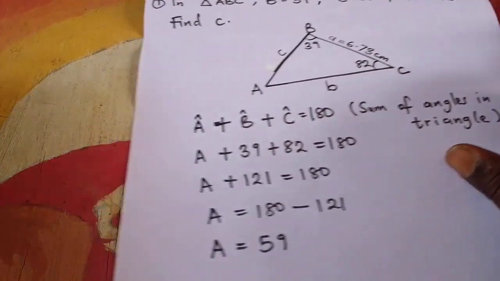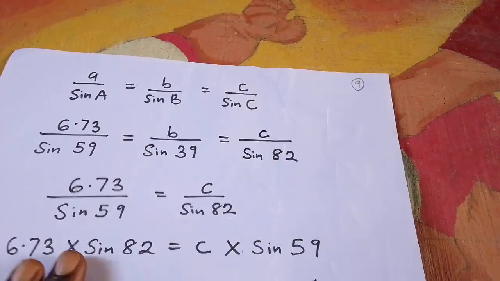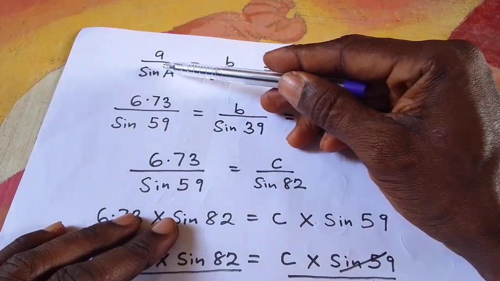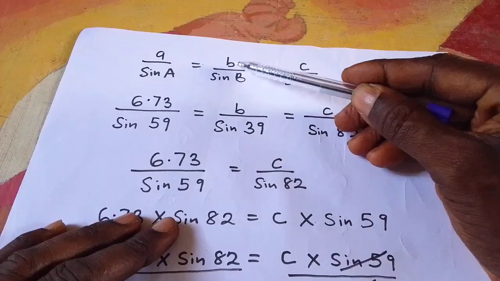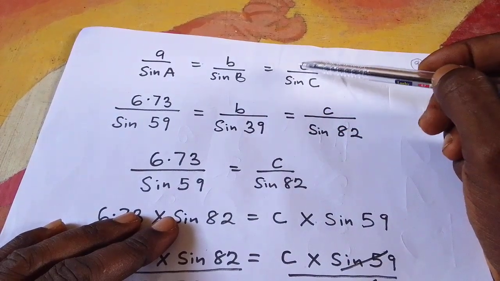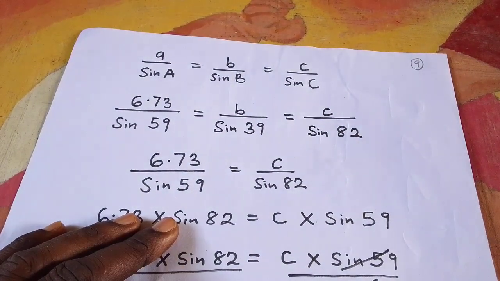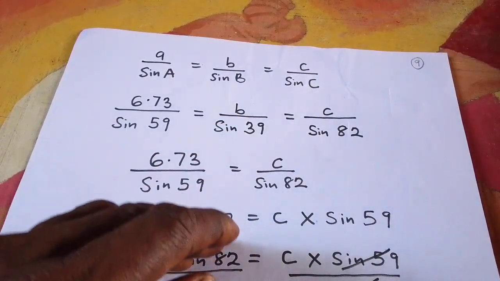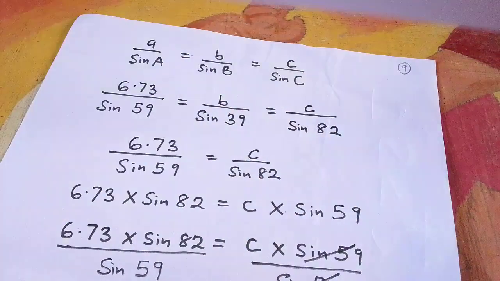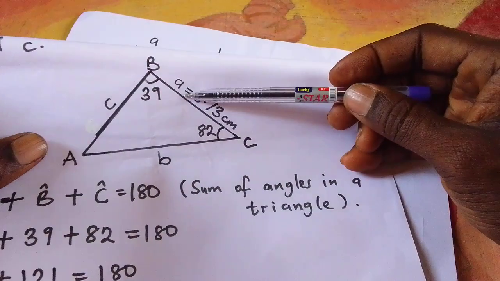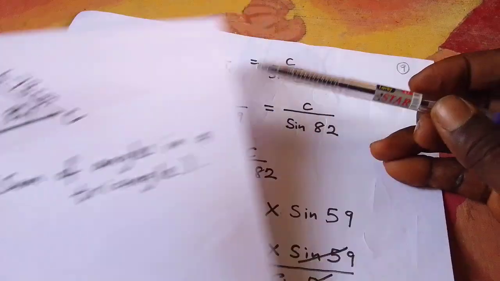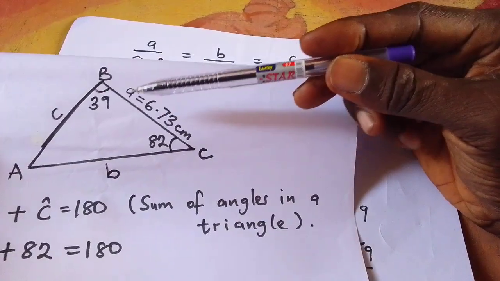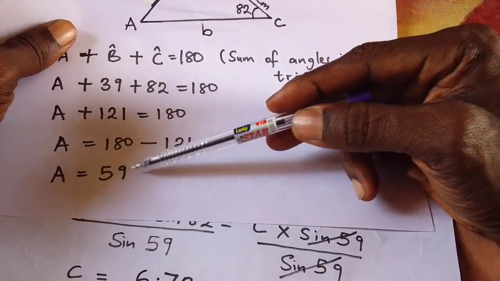So now we are going to write the ratio again. The ratio of the sine rule is a over sine A equals b over sine B equals c over sine C. Now I'm going to fix the values of each of the sides. The value of side a is 6.73, so I substitute 6.73 over sine of angle A, which I calculated to be 59.